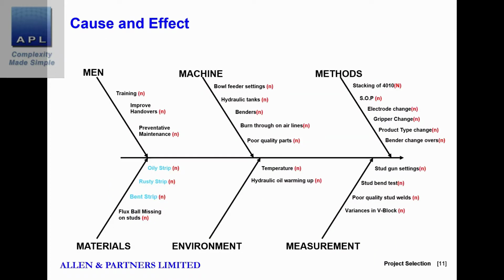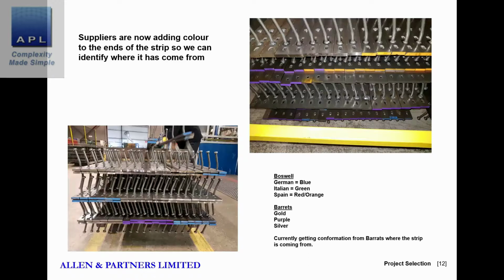Now they've moved over here, look, to the condition of the strip. Oily, rusty, bent. Well, of course, by the very nature of controlling that thing up there, they've probably dealt with the bent strip. Now this is incoming material though that's in these conditions, and I believe what they've done is they've now color coded the material, because they've got 3 suppliers.